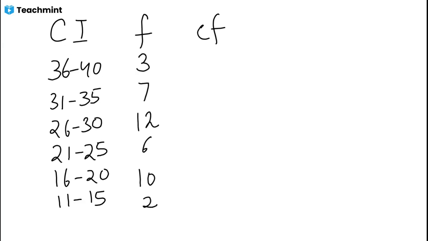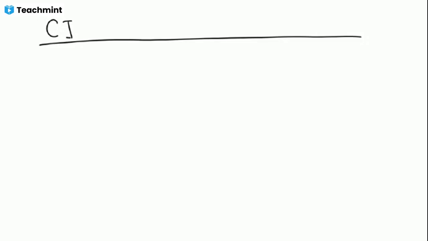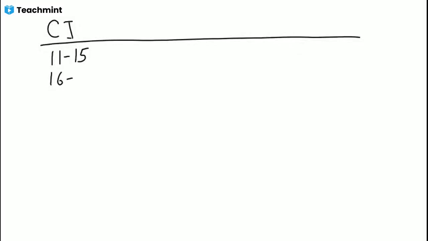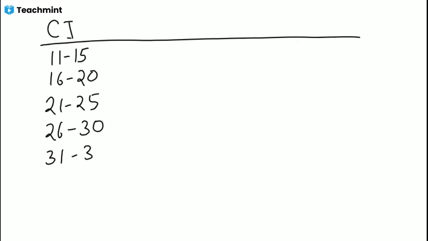We need to arrange it in ascending order because we usually have it that way. So let us write the class intervals first: 11 to 15, 16 to 20, 21 to 25, 26 to 30, 31 to 35, and 36 to 40.